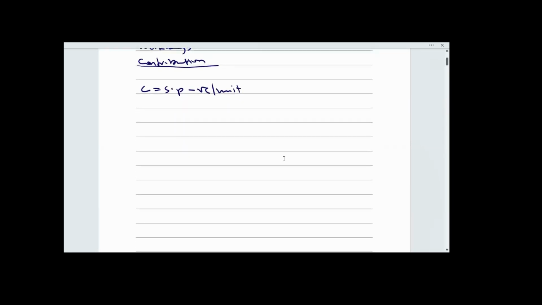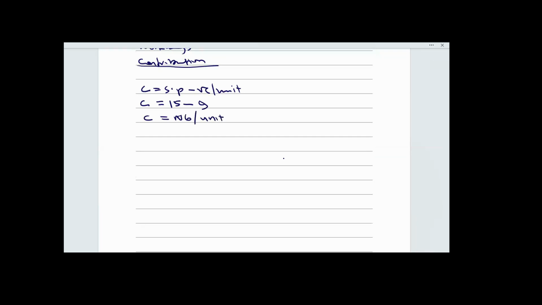So I will calculate contribution. Contribution equals selling price minus variable cost per unit. Selling price according to the question is 15 naira. Variable cost is 9 naira. Therefore, contribution per unit is 6 naira.